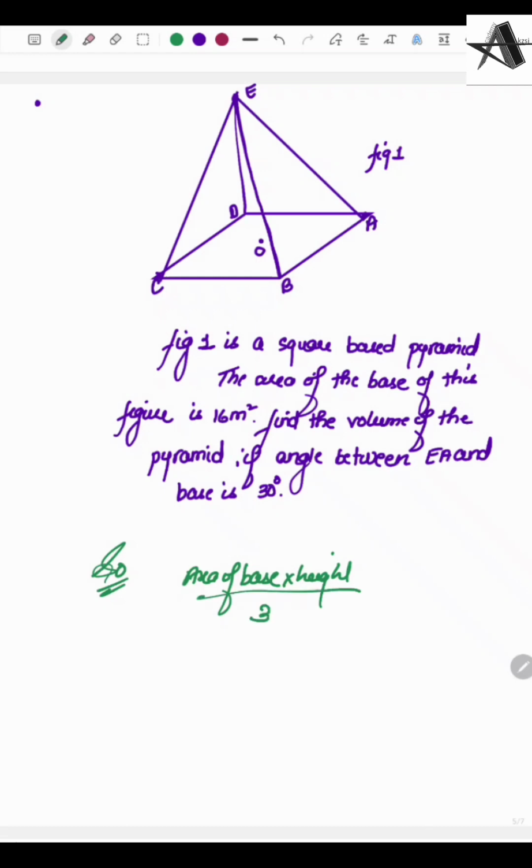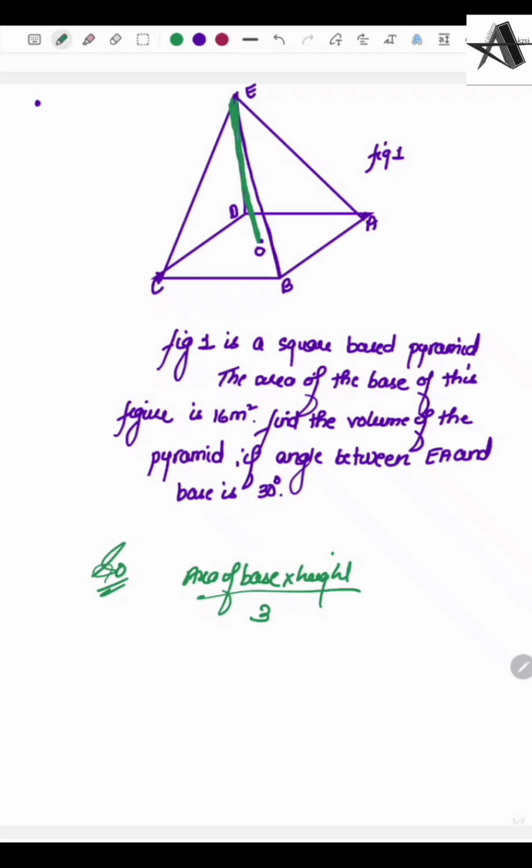That's the volume of this pyramid. That means we first have to calculate the area of the base, which is already given, that is 16 centimeters squared. So this is much simpler, but at least we should know the height. Height is this one.